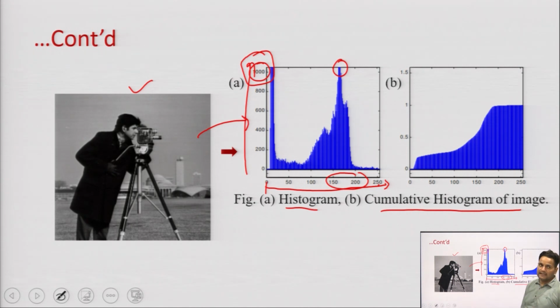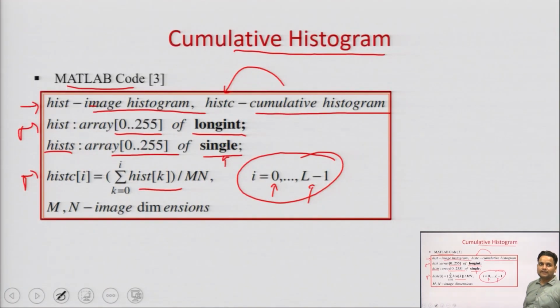That information is provided by the histogram, and after using the cumulative histogram function, you may get this kind of histogram. You may observe that your histogram is now cumulated. Why is it so? Because we are using this function: you are summing up and dividing by m into n, so you are actually taking the average of this.